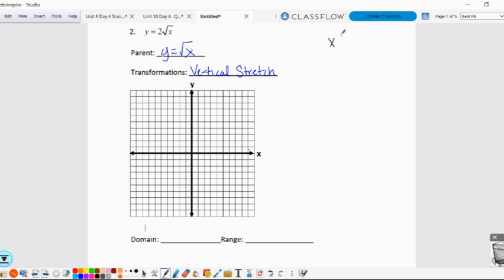Starting with a table of values, we'd go back to our parent function, our BFF, and here are a few good points on our parent function.